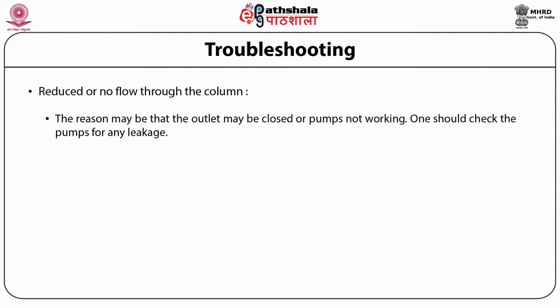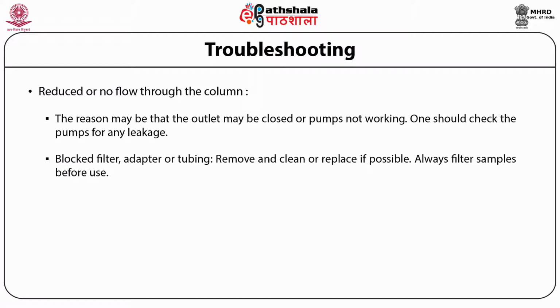The second probable reason could be a blocked filter, adapter or tubing. So, one should remove and clean or replace, if possible, these adapters, filters or tubing. One very important point to look into is that one should always filter the samples before they are used.